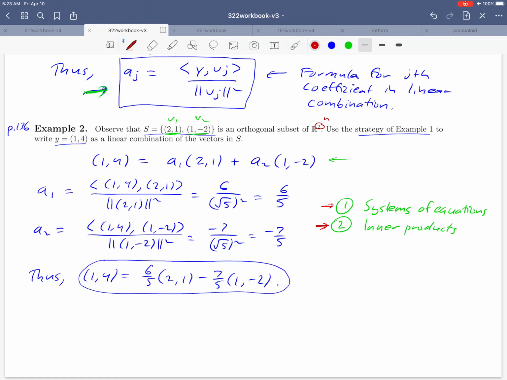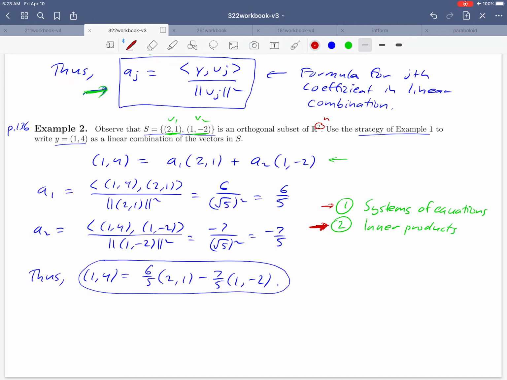For those of you computer scientists out there, you talk about algorithm complexity. Using the inner product method is a big O of n squared algorithm, and systems of equations is a big O of n cubed algorithm. So for big problem sizes where n is big, if you were going to program a computer to do this, using inner products is a much more efficient way of solving this problem.